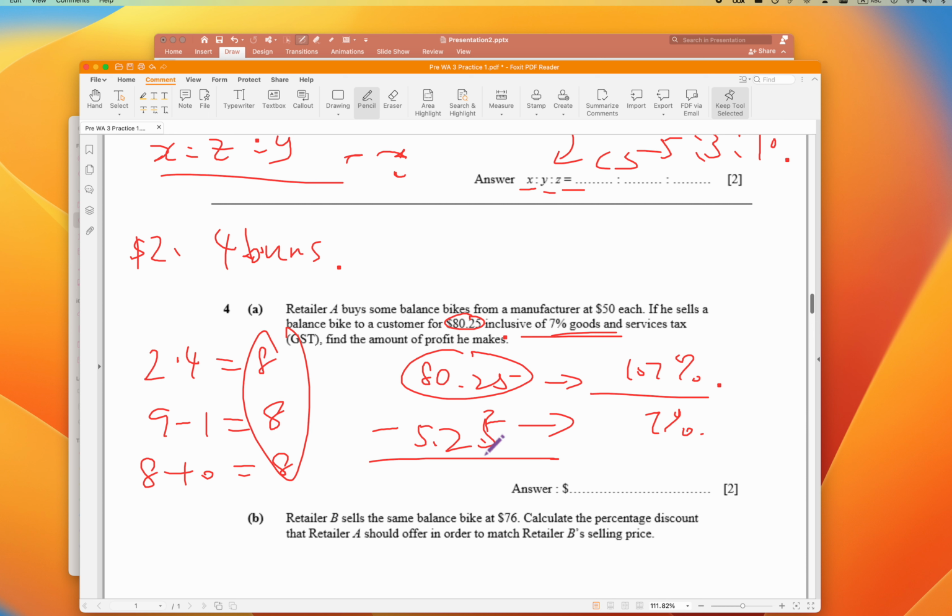So you minus this one, then you minus 50, then you get the profit. Because this 5.25 doesn't belong to the seller. This 7%, $5.25, the seller needs to give it to the government. Yes. Okay? So when you use minus, that approach is correct. But your first step approach is wrong. Understand me? So how many marks is this question? Okay, 2 marks. So you only get 1 mark.